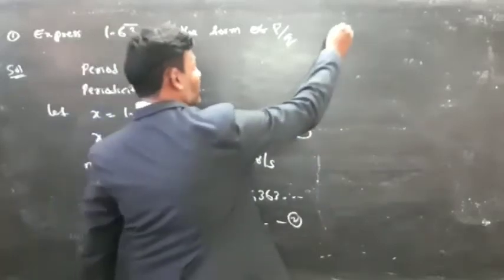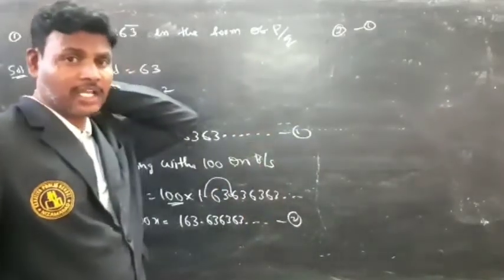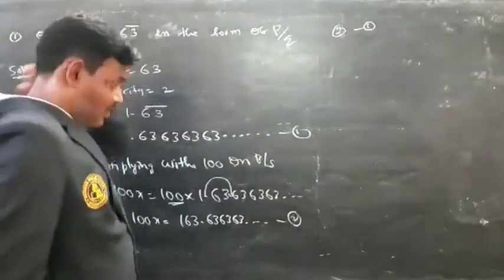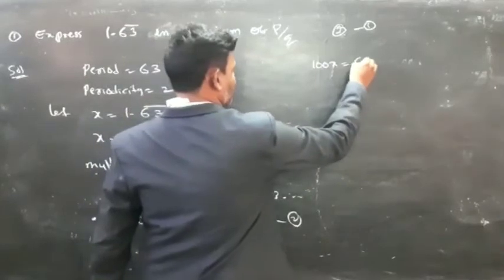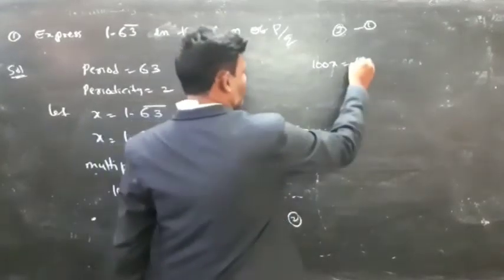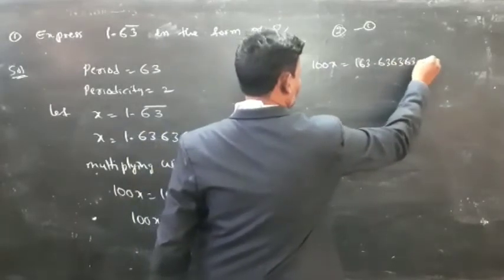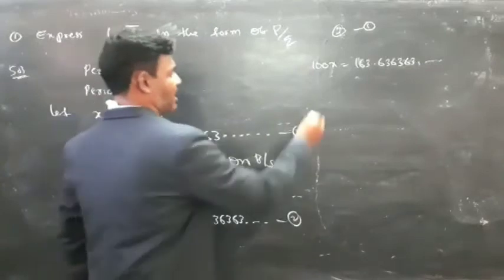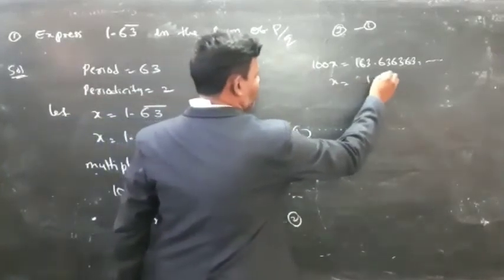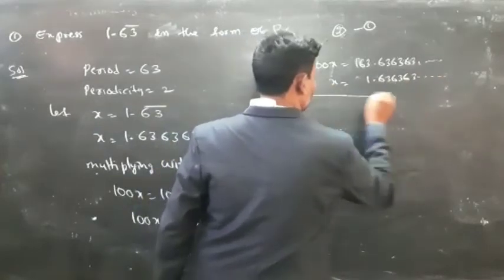Let this be the first equation and this the second equation. Here I am doing second equation minus first equation. The second equation is 100x equal to 163.636363 and so on. The first equation is x equal to 1.636363 and so on.